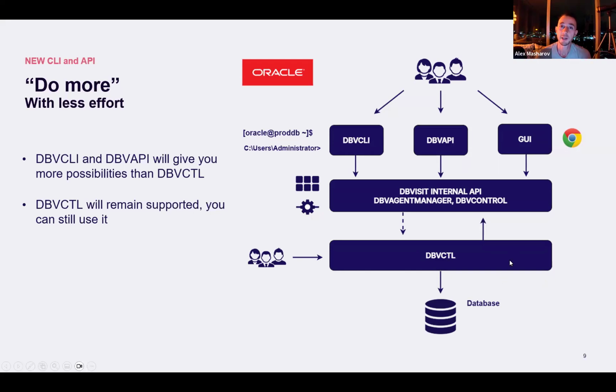The new command line and API are basically on par with that graphical user interface. You can see them there represented as dbvcli and dbv-API. They connect through our internal components in exactly the same way as our own user interface does. That's what I meant when I said earlier that anything we can do, you should be able to do through the command line and the API as well, because it literally connects through the same endpoints.